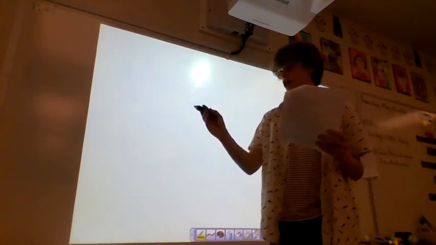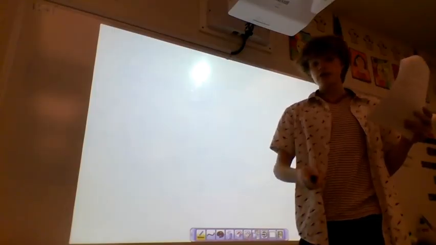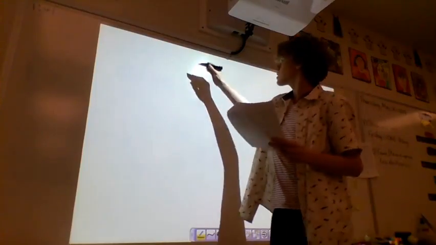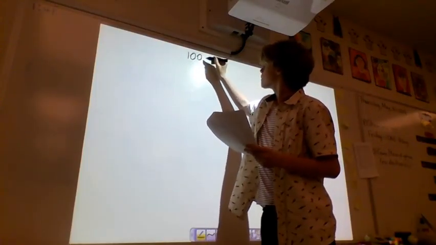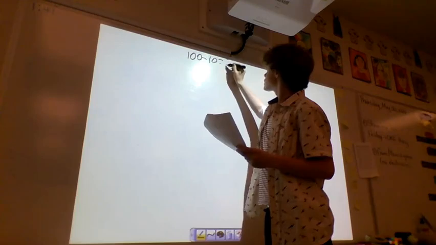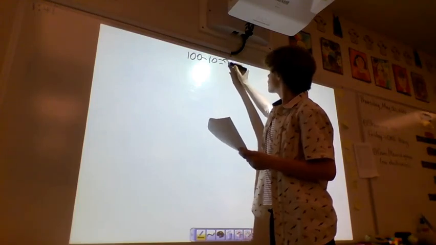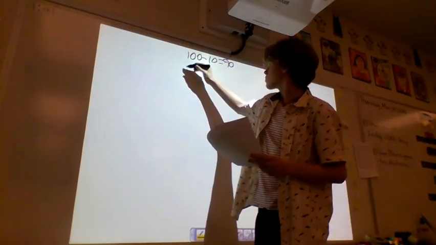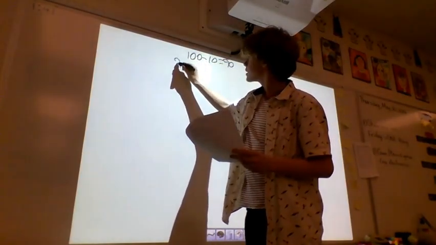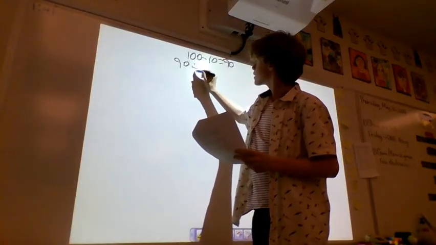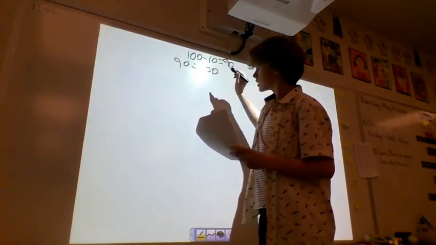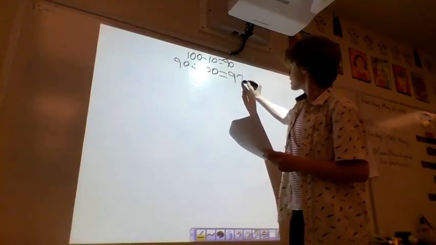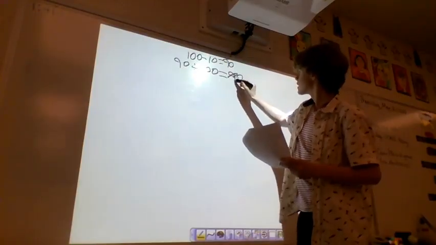So since we already know what 10% of 100 would be, we can just subtract 100 minus 10 equals 90. But now what we need to do is divide the number that we received, 90, by 100, to give us our ratio of 0.9.